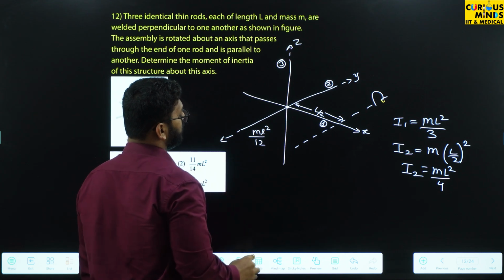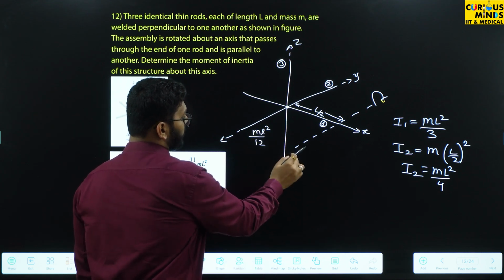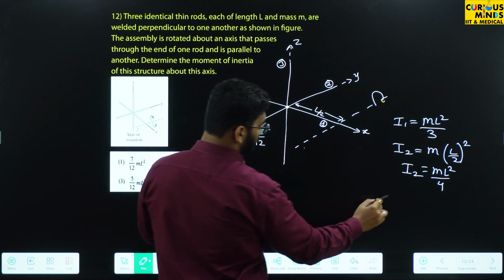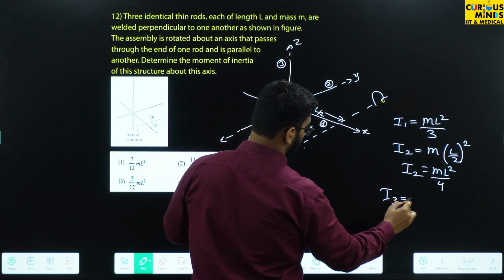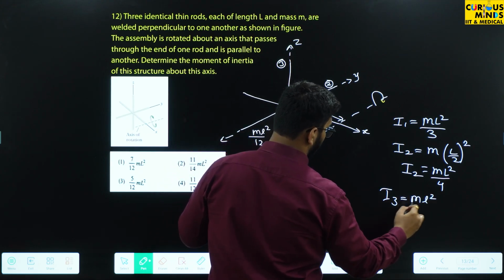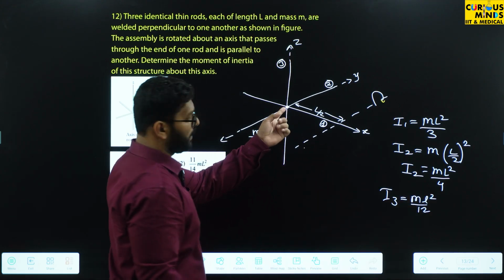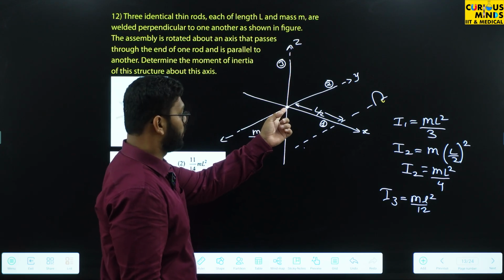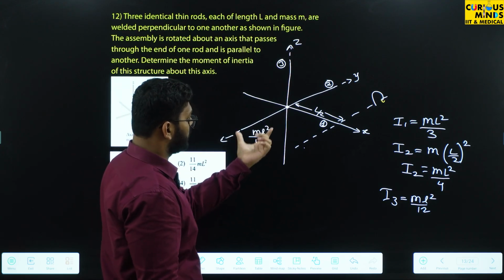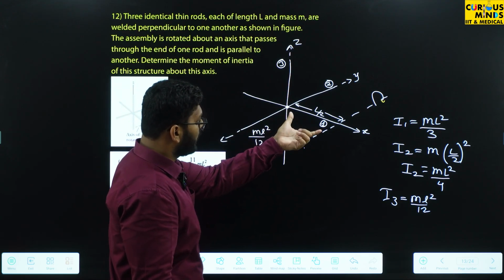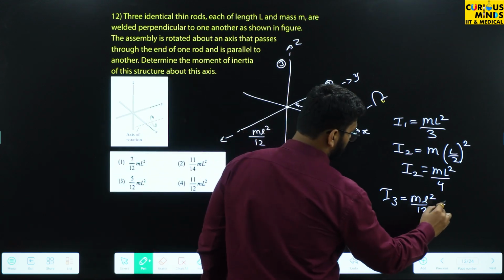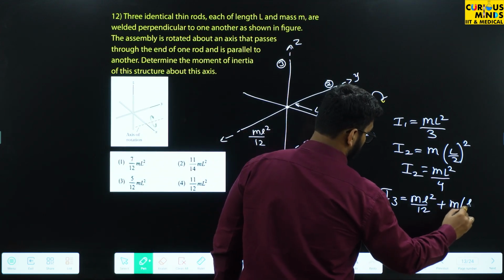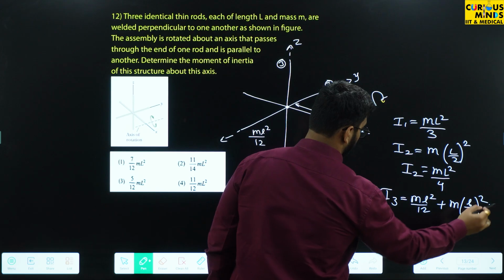Now this axis is parallel to this axis. So for I3, if you use the parallel axis theorem, this is ml square by 12, the moment of inertia passing through the COM of this rod, plus m into L by 2 whole square, plus m into L by 2 whole square.